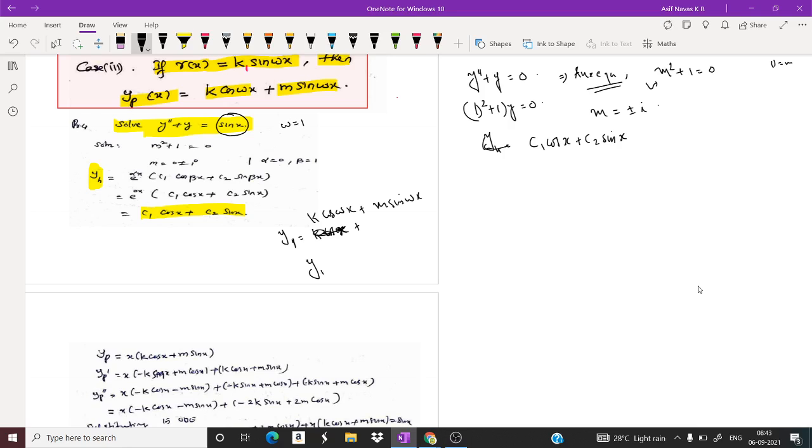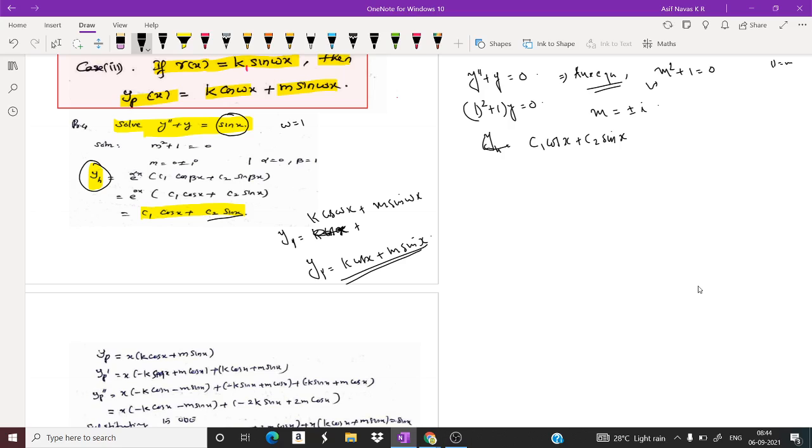If we put yp equal to k cos x plus m sin x, this will not work, because this is already a solution of the homogeneous part. Why? Because there is sin x in the solution.